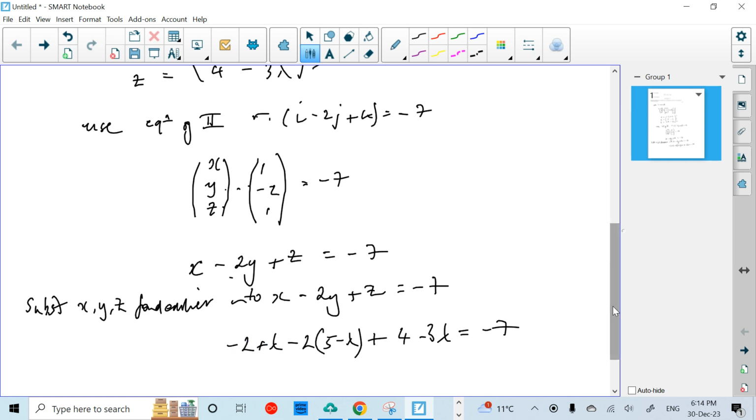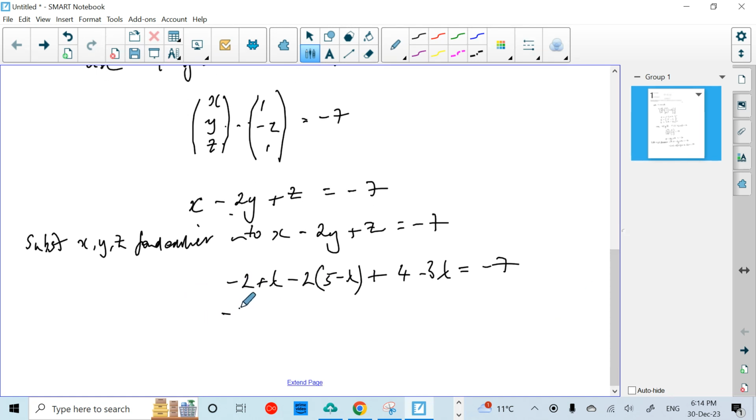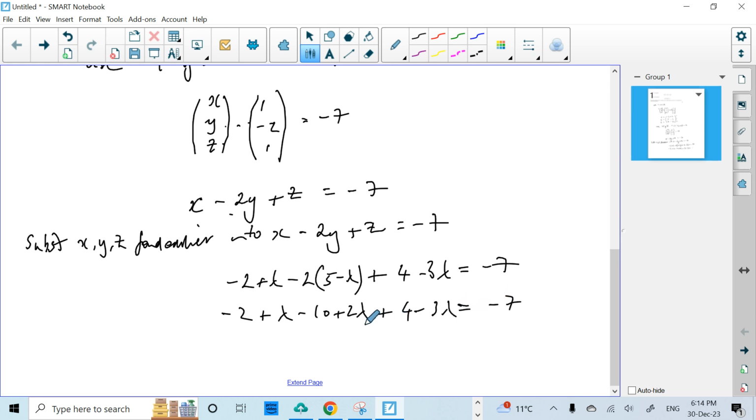So, tidying that up, that gives me minus 2 plus lambda, minus 10 plus 2 lambda, plus 4 minus 3 lambda is equal to negative 7. Now, minus 2 minus 10 is minus 12 plus 4, which gives me minus 8. And lambda plus 2 lambda minus 3 lambda, my lambdas have gone. So I've got minus 8 is equal to minus 7.